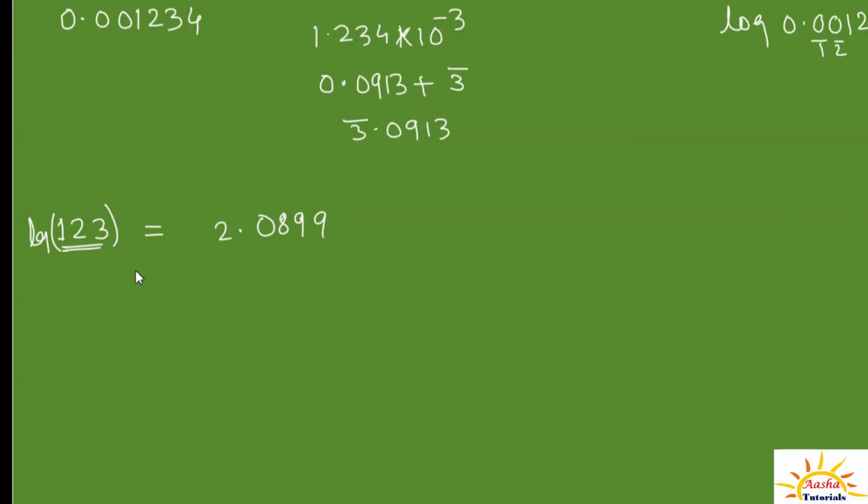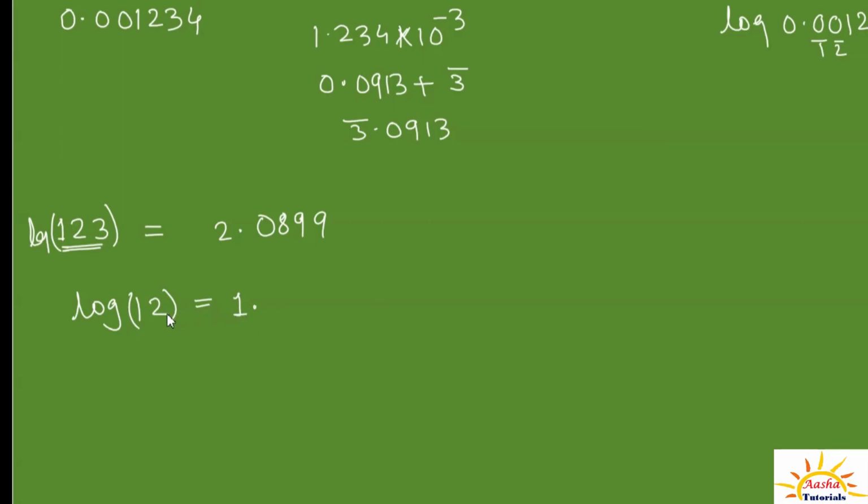If the number we have is, let's suppose, log of 12, as this is a 2-digit number, I will write the characteristic value as 1, because subtracting 1 from 2 digits we get characteristic value 1, and after 12 there is nothing.